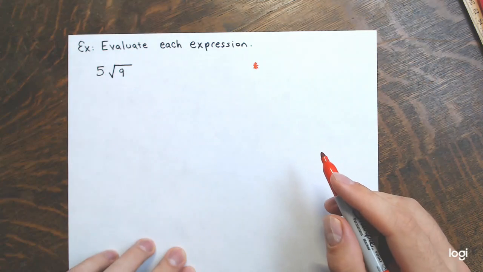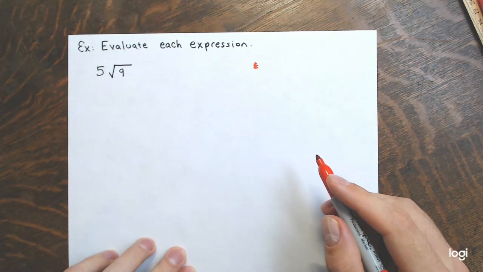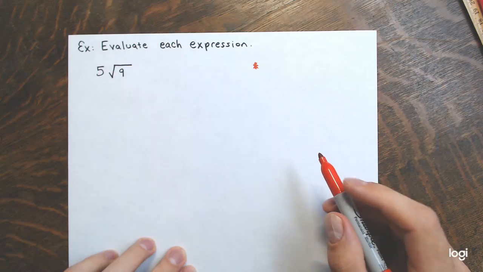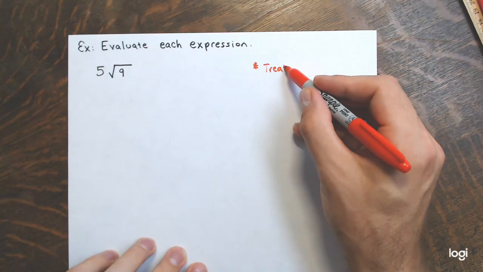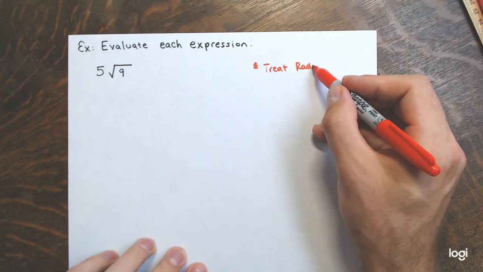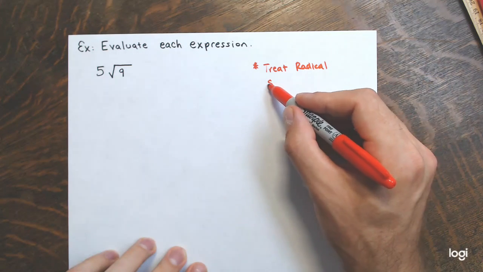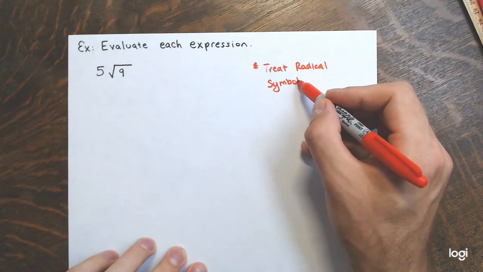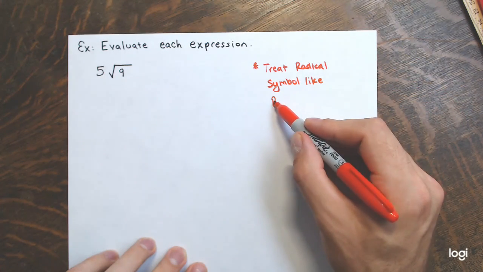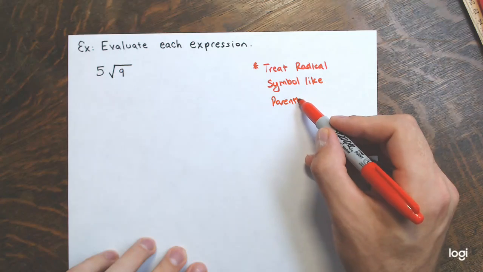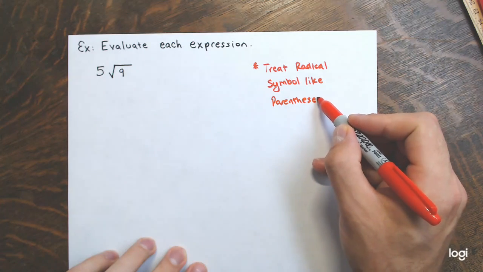So off to the side, one note for you. Your radical symbols, just like any other special symbol like parentheses or brackets or absolute value symbols, you treat them all the same. You treat the radical symbol like parentheses when you're talking about the order of operations.